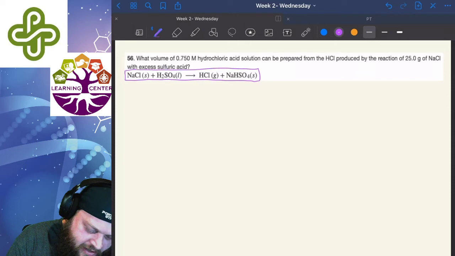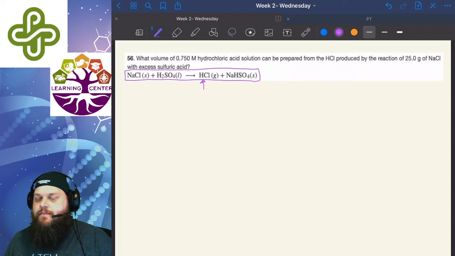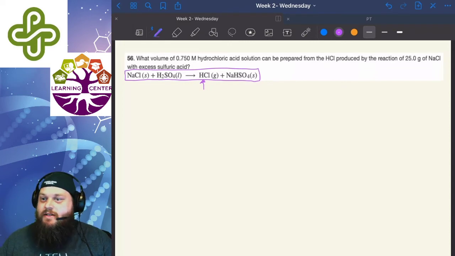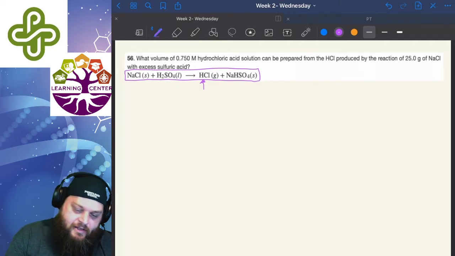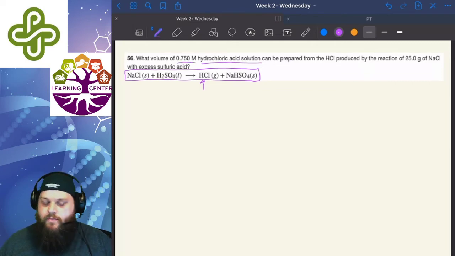And this reaction is producing hydrochloric gas, HCl. And that HCl can be mixed in with water, and when it does, it dissociates into H+ and Cl-, and it creates this acidic water, basically, this hydrochloric acid solution. And we want that hydrochloric acid solution to be 0.75 molar.